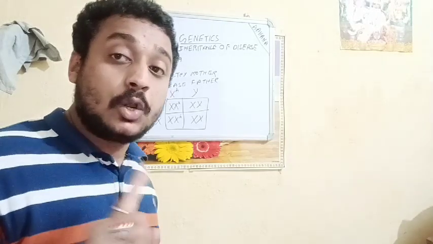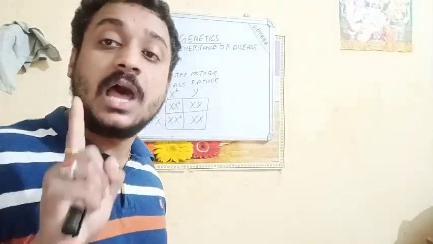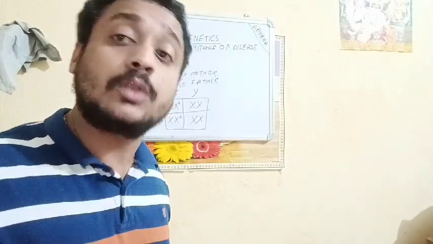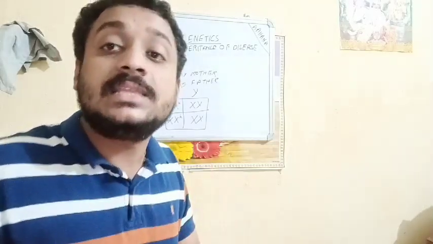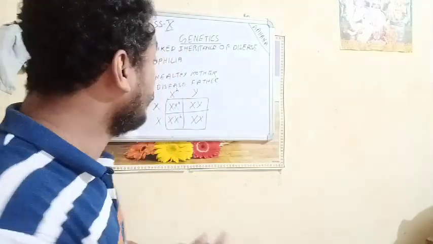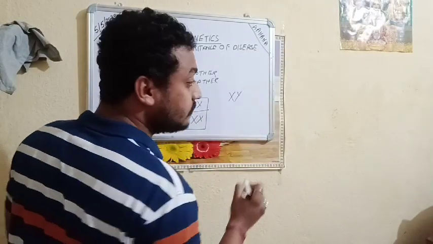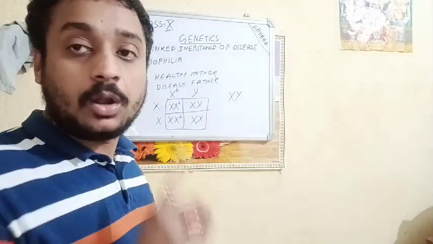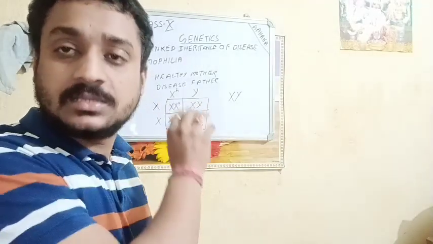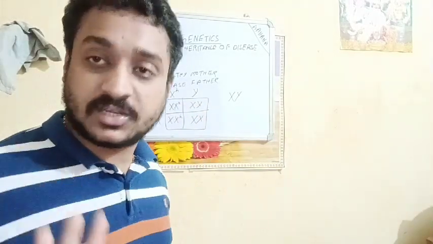Carrier means they will not express the symptoms of the disease, rather they will not have the disease in their body. They are just carrying the disease. Means if anything happens to the X in XY, that particular male, the son or the father, the male group is infected.